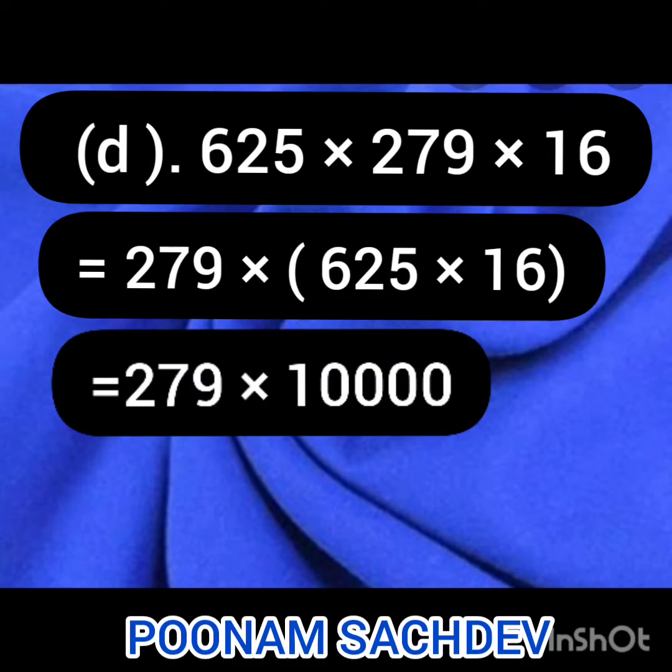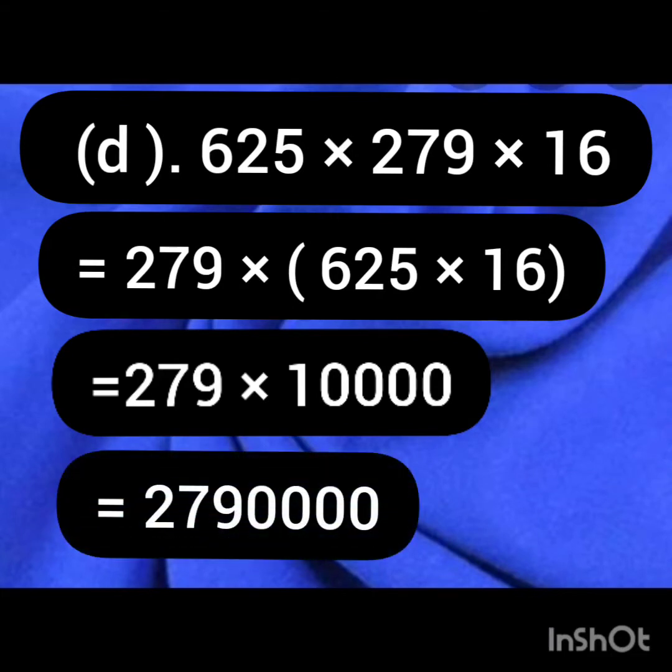The product of 625 with 16 gives the result 10,000. Now let's multiply 279 with 10,000. The product of 279 with 10,000 gives the result 27,90,000.